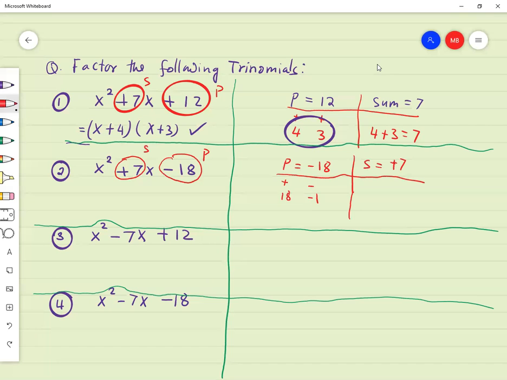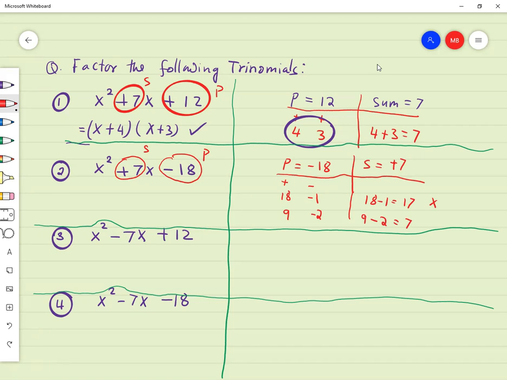Their product is negative 18, but their sum is positive 17, which does not match 7. The next negative number I would select is negative 2. Then the positive number will be 9. If I add them, 9 minus 2 is 7.